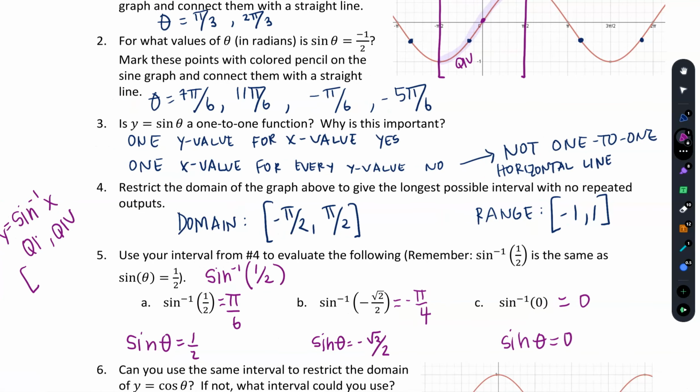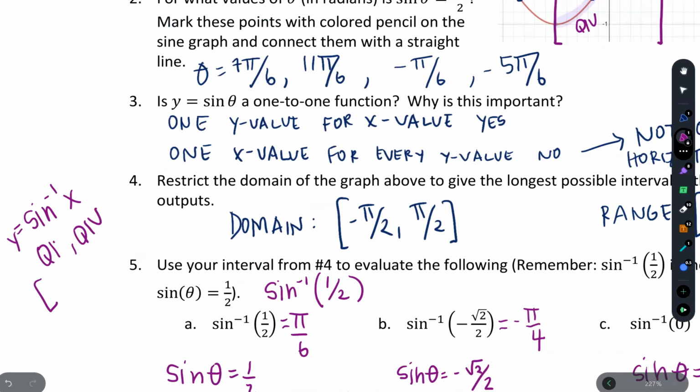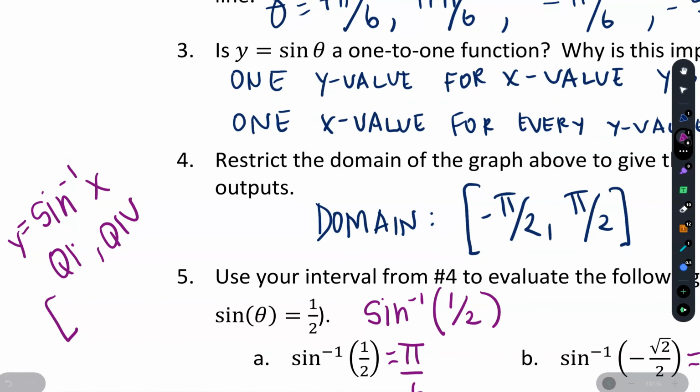So now my inverse sine, remember your domains and your ranges switch, okay? So my inverse sine here is going to be y equals inverse sine of x. So my domain for an inverse sine function is going to be the range of my regular sine function. So what's the range of your regular sine function? -1 to +1, right? So the domain here of an inverse sine function is going to be -1 to 1.